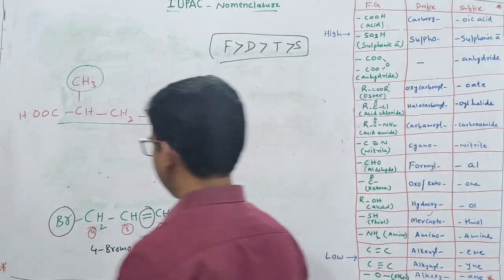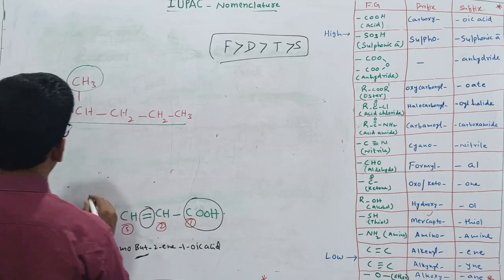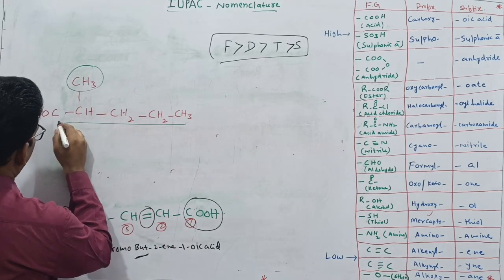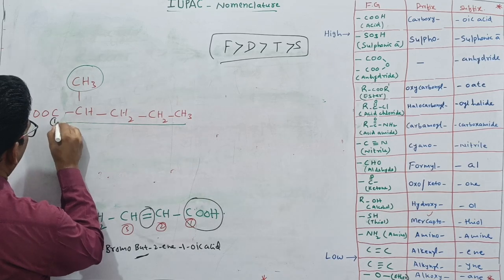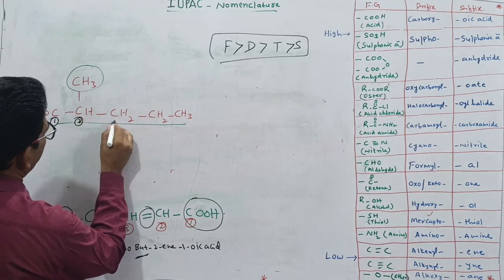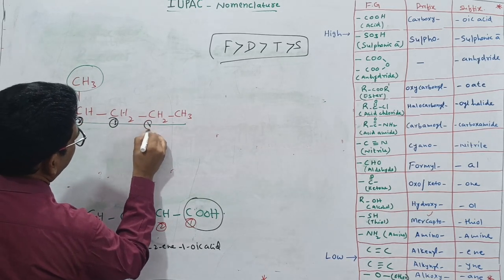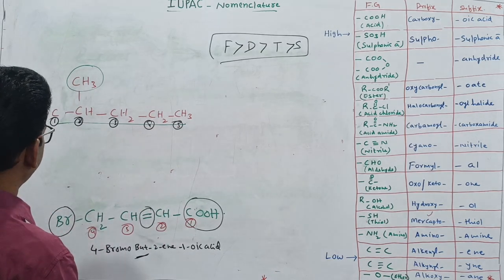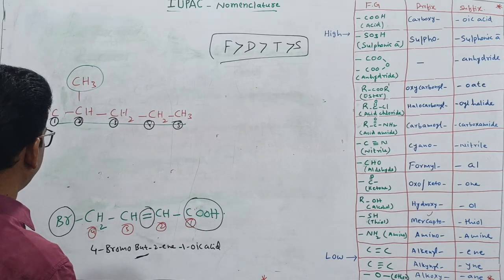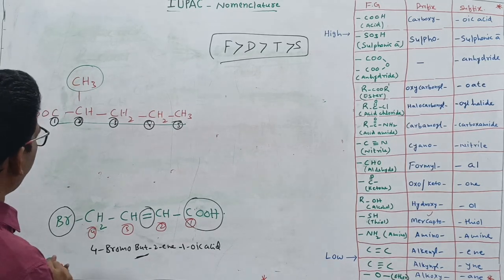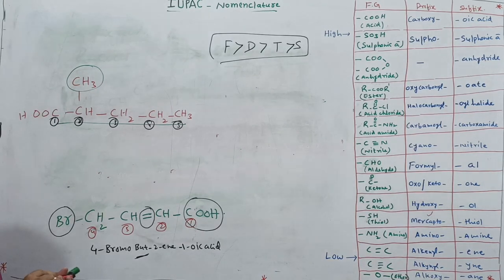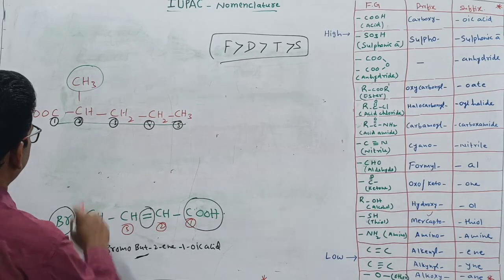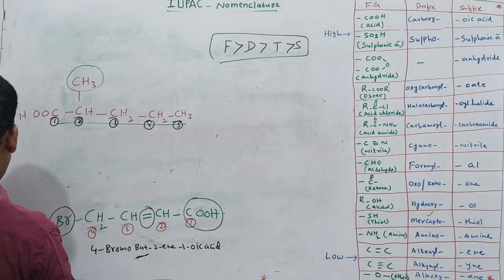Then what is the name for this one? Numbering how will you give? Functional group से start करना है, 1 2 3 4 5. देन कितने कार्बन है? 5 कार्बन है. सब्स्टिट्यूएंट क्या है? मीथाइल है.